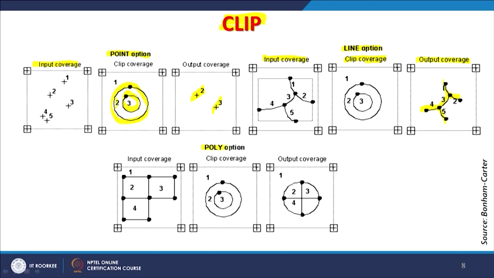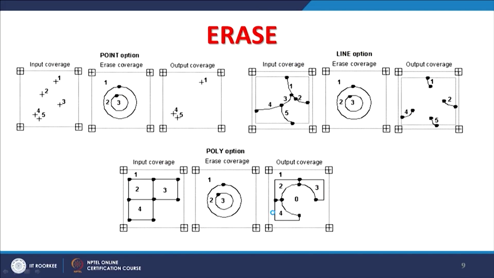Similarly, if I have a polygon map as my input, there are just 3 units, and one is of course outside. Then if I use the same clip coverage to extract, I get something like this as shown here, that below this circle I get this. So, all kinds of possibilities in case of vector data are like this.